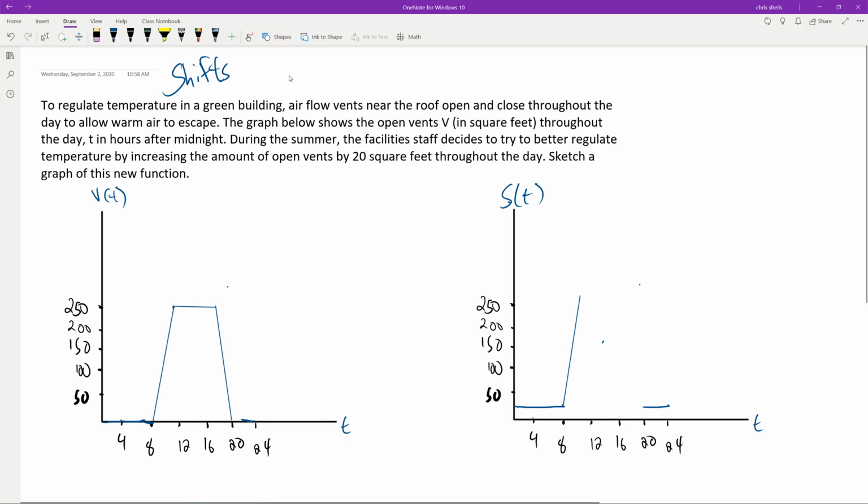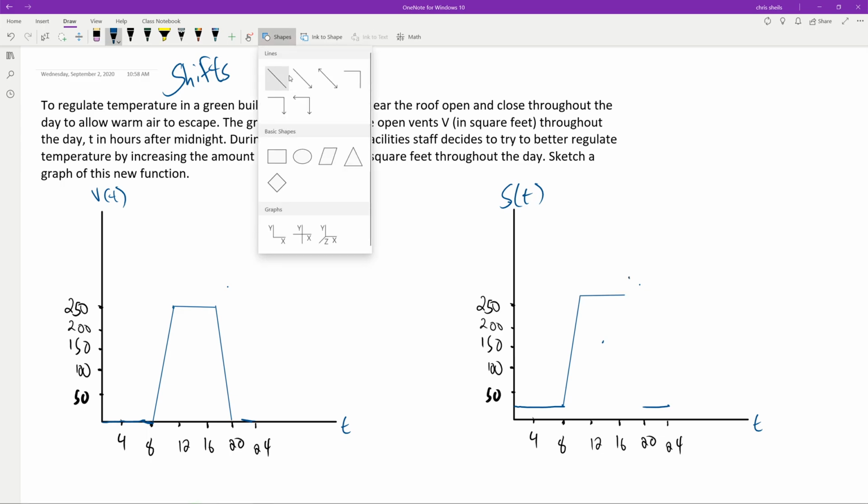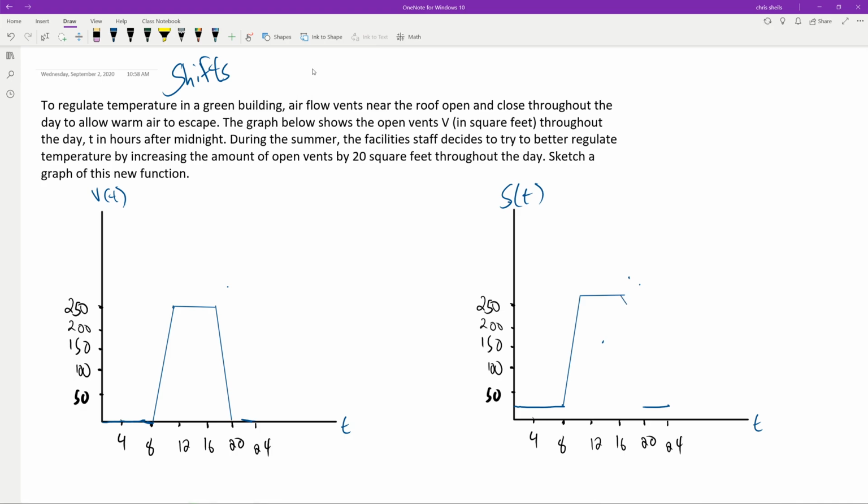And then it remains constant until about 6 p.m. And then it decreases back down to 20 vents. Let me see if I can fix this end of it a little bit. There we go.